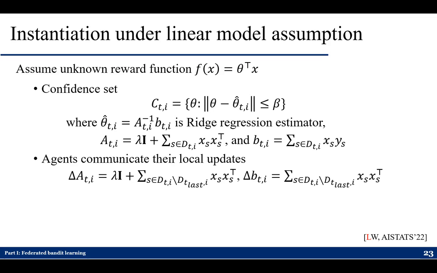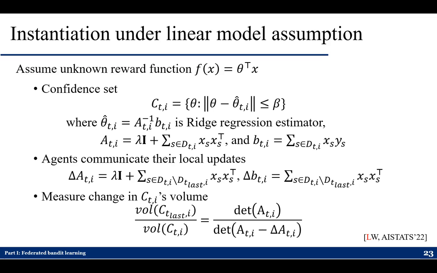Basically, this is the difference between the A matrix the agent currently has minus the matrix that the agent had at the previous communication. If this difference is sufficiently large, this difference will be measured by the determinant of a matrix.